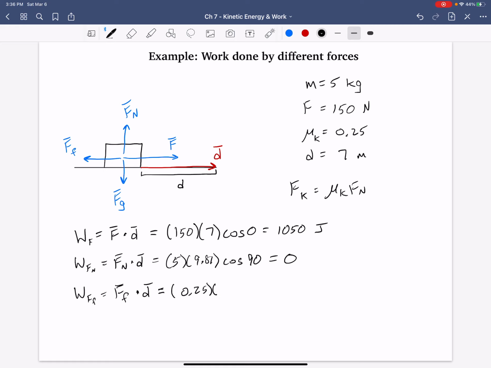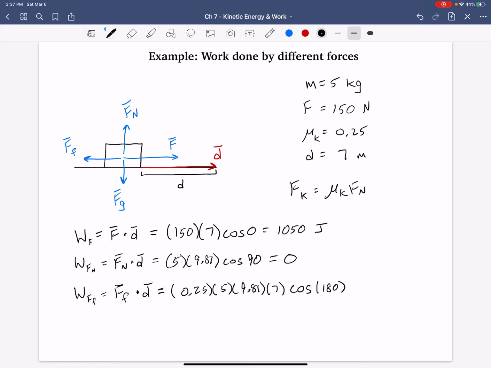So we have the coefficient 0.25 times mg, the mass is 5, 9.81, and now the displacement, which was 7, and cosine of the angle in between, well, the force is that way, displacement is this way. They are anti-parallel, in other words, an angle of 180.